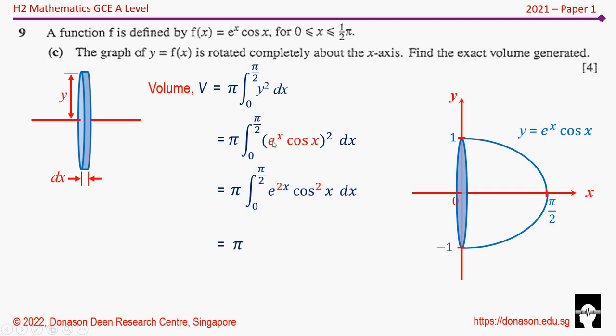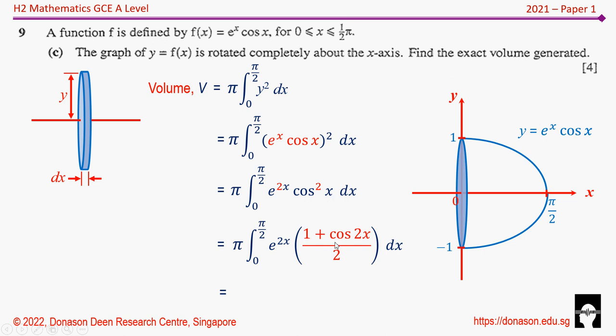So it is going to be e to the power of 2x, because e to the power of x squared will be simply e to the power of 2x, and cosine x will also become squared, so it becomes cos squared x. Now the next thing to do: we have got e to the power of 2x cos squared x, let us replace it using the cosine double angle formula.